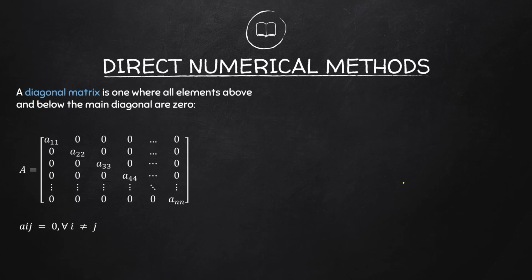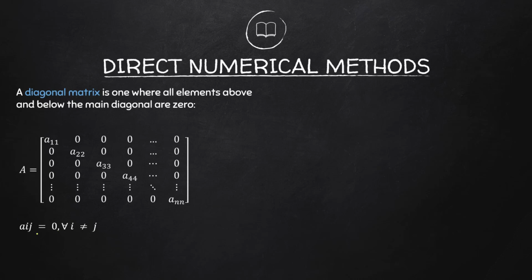Before we proceed, let us first define a diagonal matrix. It is one where all elements above and below the main diagonal are 0. If you will notice in this example, the matrix A has its diagonal, the diagonal of a square matrix, and the numbers above and below this diagonal are all 0, as shown in the figure.